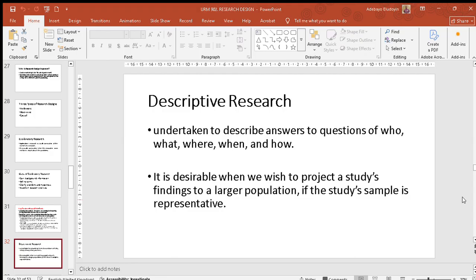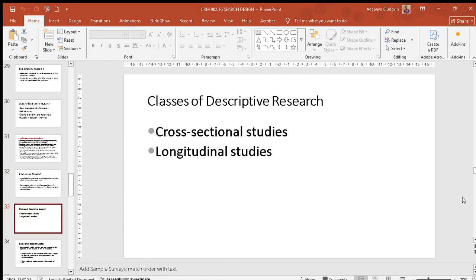It's also desirable if you are studying a large population, and maybe you don't have enough money or enough time, so all you do is to pick a sample population, which I think many of us do. Then you say you are doing a descriptive research.